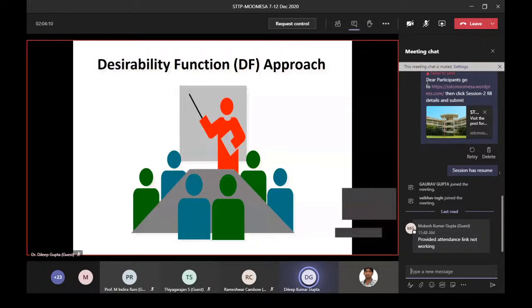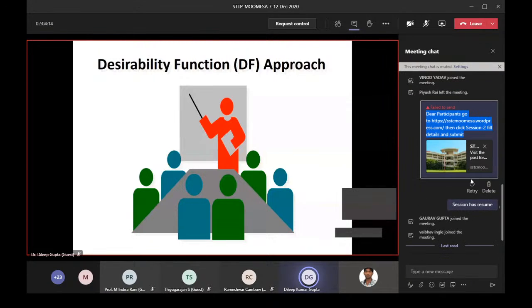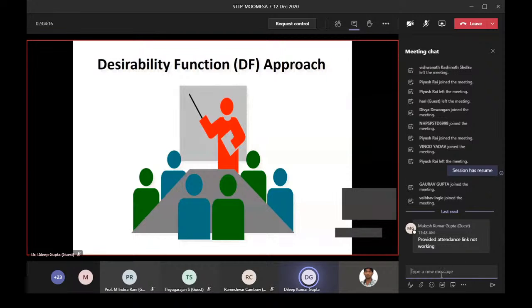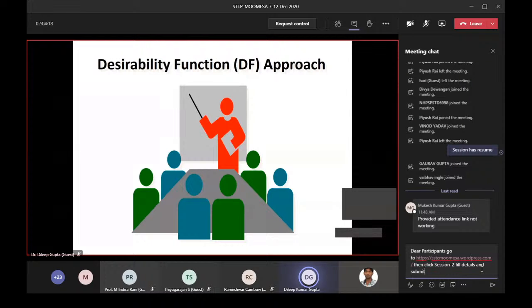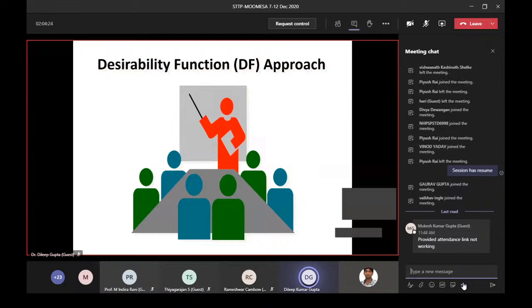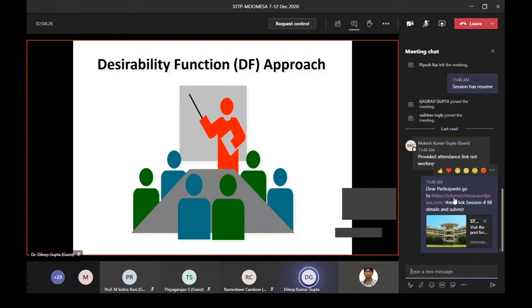Then only it will give a fruitful output, or you will be able to justify. That is why, when you are referring to any research paper, you will always find they either use a different method and compare the results, right? Or they integrate with some other method, right? So that it can be compared properly.